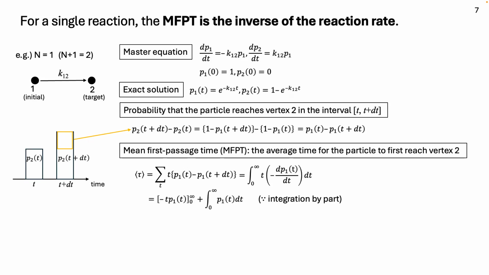And then by using integration by parts, this equation can be written in this form. And P1 is an exponential function, so P1 of infinity is 0. So the first term disappeared. And then the mean first passage time is simply the integration of P1 of t.